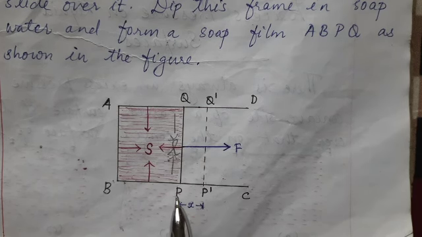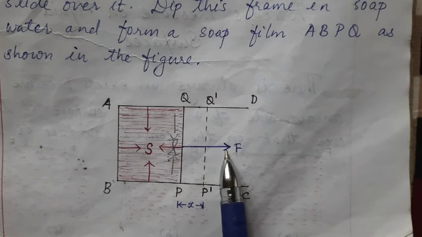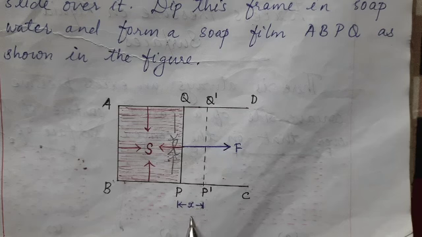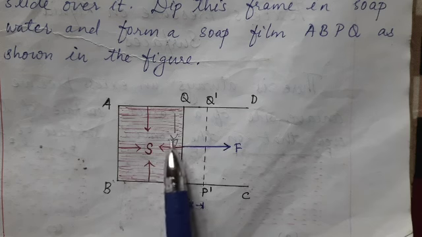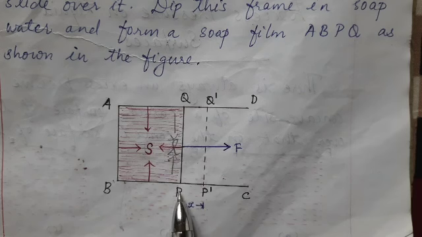Now you can apply an external force F. From outside you can pull this PQ towards the right side a little bit, maybe by x centimeter. So you are applying a force against the surface tension. When you move this PQ, you have made a displacement and done external work.